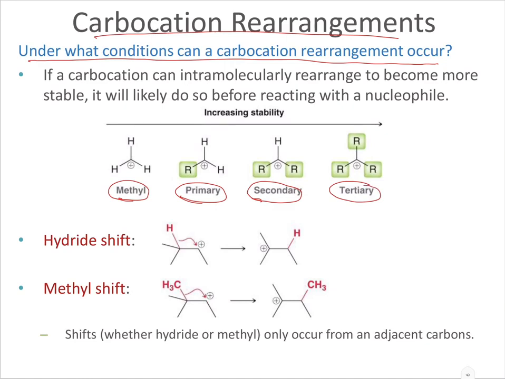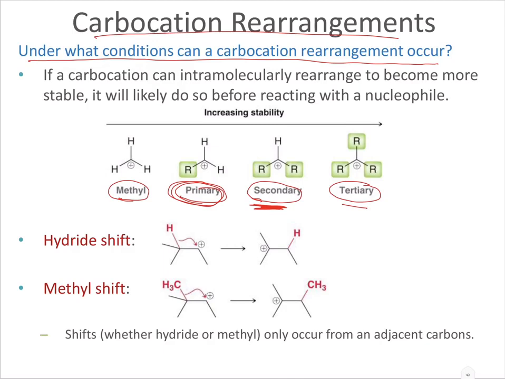So most of the reactions we are going to consider, we are going to realize rearrangements from secondary to tertiary, and in most cases, almost over 90% of the time, we are not going to consider primary carbocations because they are not stable. Alright?